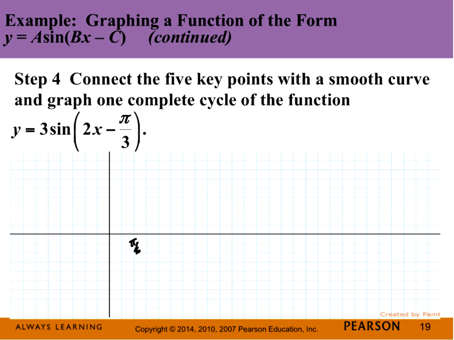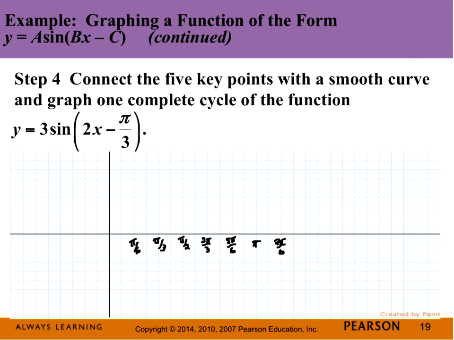I did pi over 6, skipped 2 and did pi over 3, skipped 2 and did pi over 2, skipped 2 and did 2 pi over 3, skipped 2 and did 5 pi over 6, skipped 2 and did pi, which is 6 pi over 6, skipped 2 and did 7 pi over 6.